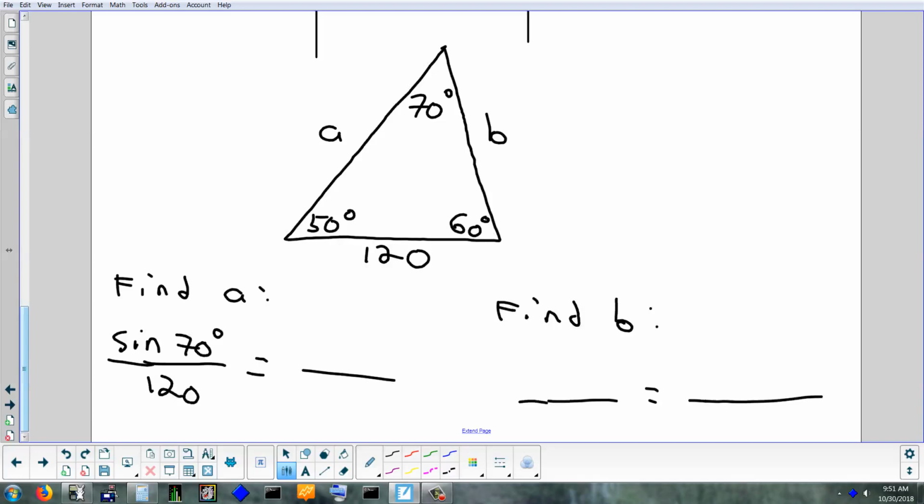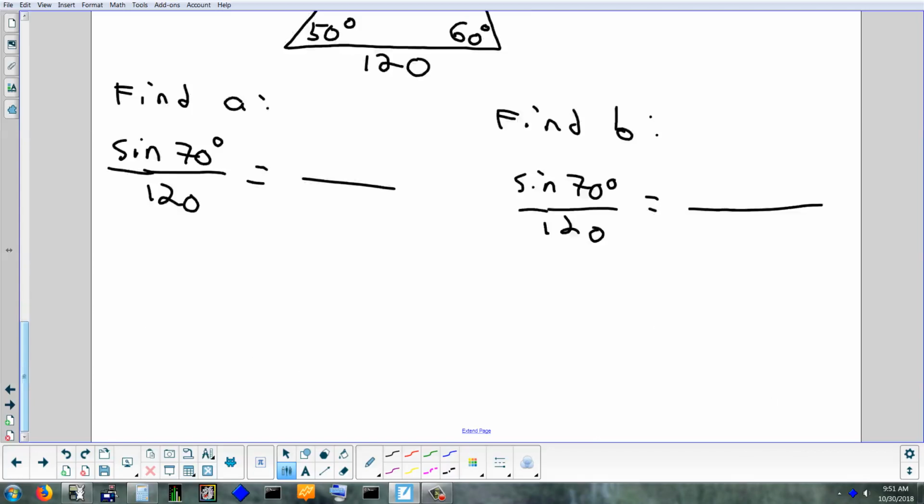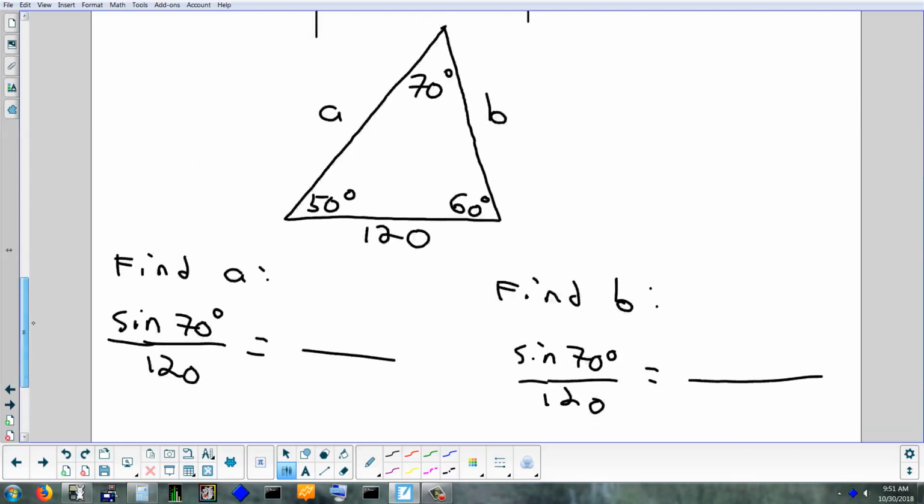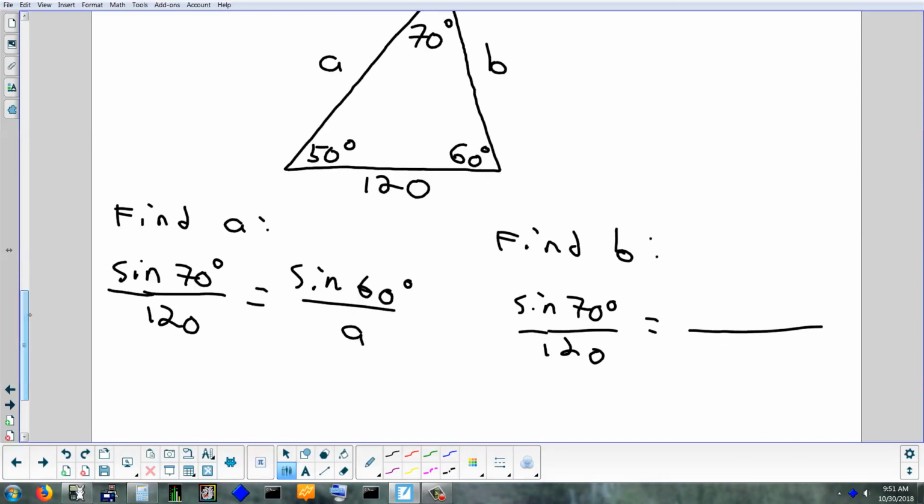Sine 70 over 120. All right. Now to find A, what's going to go on the right side? Sine 60 over A. We'll come back to that. How about to find B? Sine 50 over B.